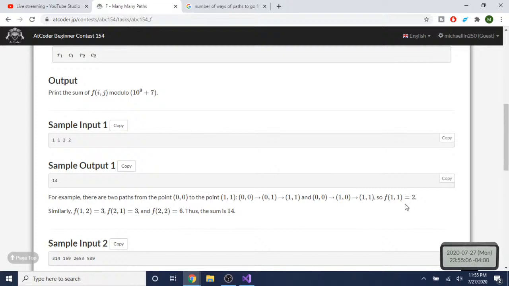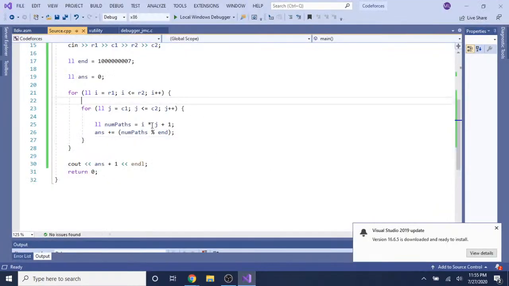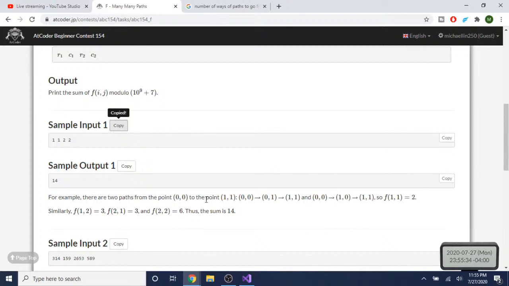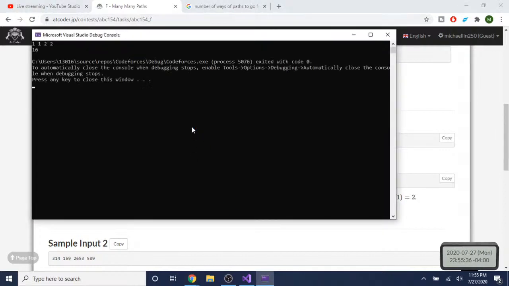What if I do 2, 1 minus 0 plus 1, 1 minus 0 plus 1, and then multiply it by the answer? So what if I do i plus 1 times j? Let's try that. 16.